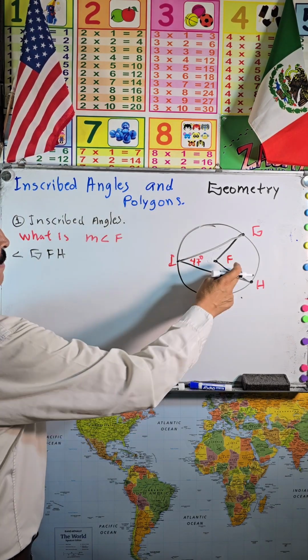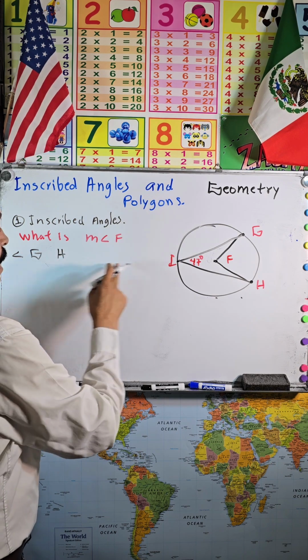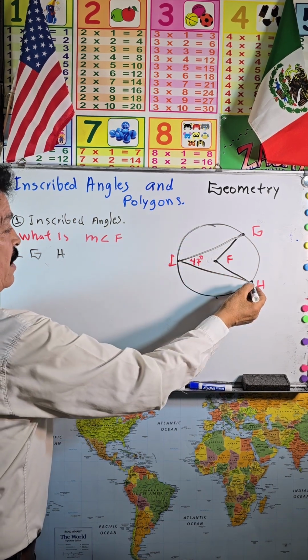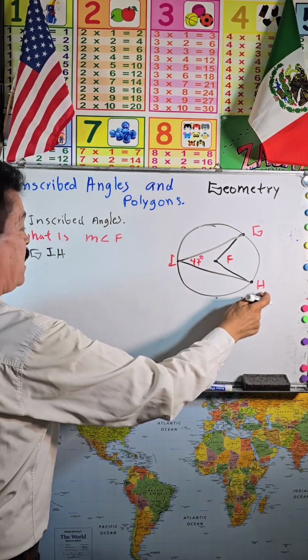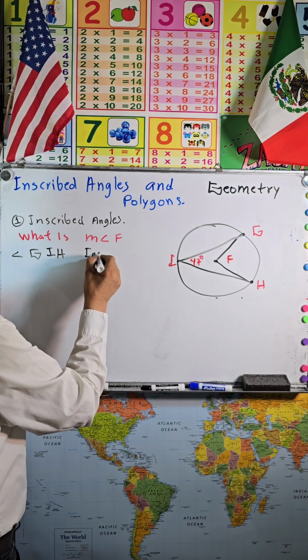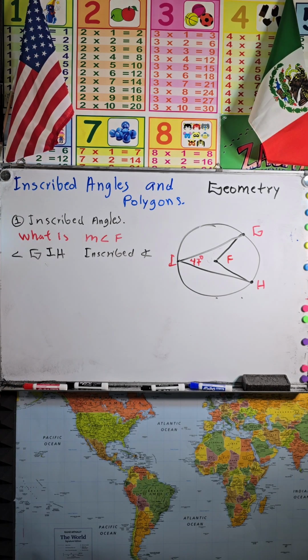Now remember, this is the central angle. This is the central angle, but you go this way. Remember the example I gave before, GIH. This is the inscribed angle. All right.